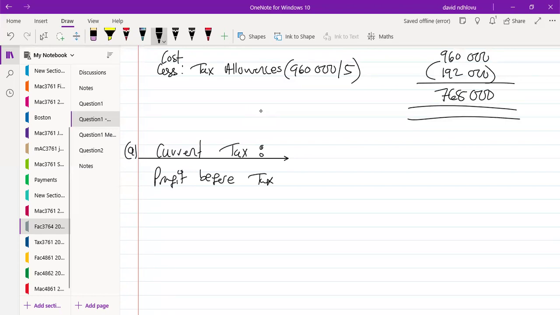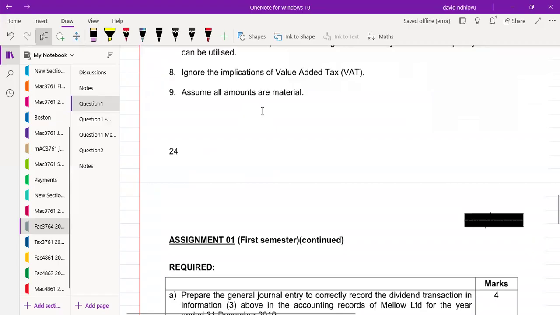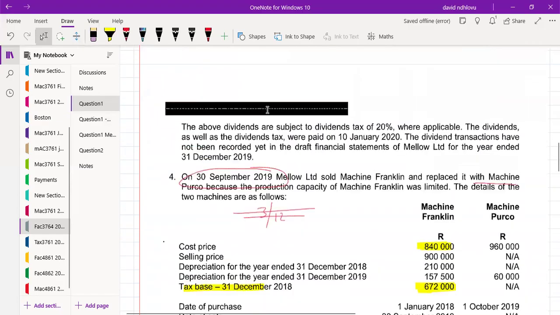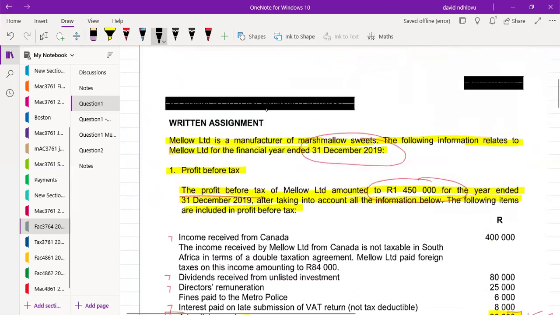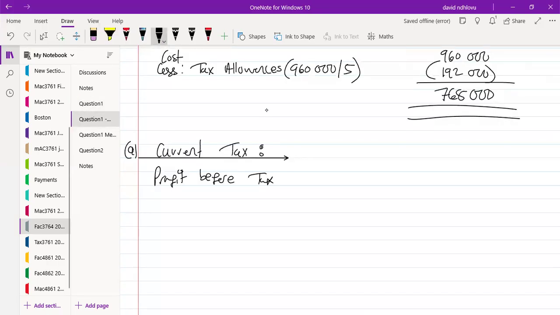Right, on the profit before tax amount, we will take the profit before tax amount that we were given, which is the amount of 1,450. So here they said the profit before tax of Melo Limited amounted to 1,450,000. So therefore, we'll get the amount of 1,450,000.